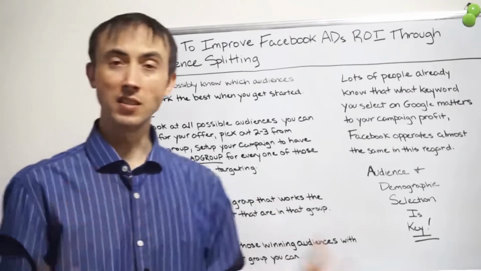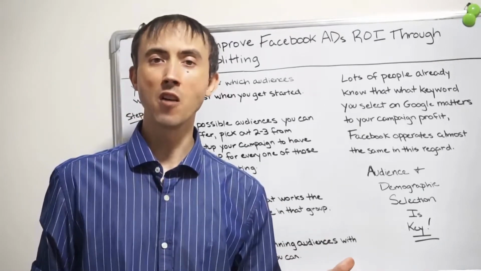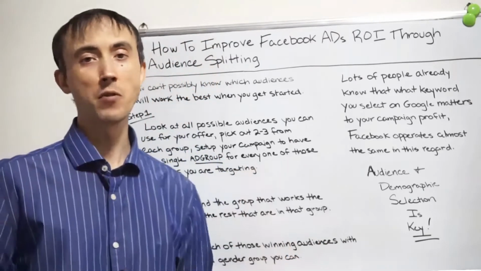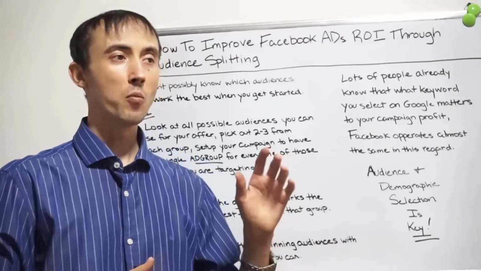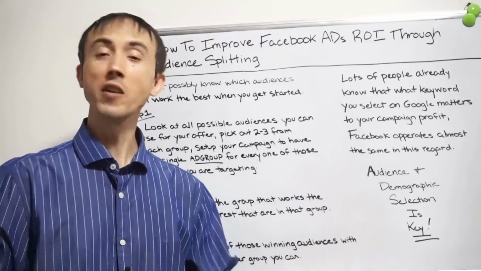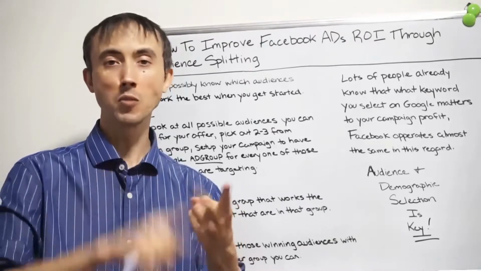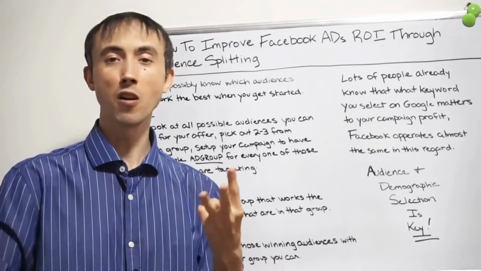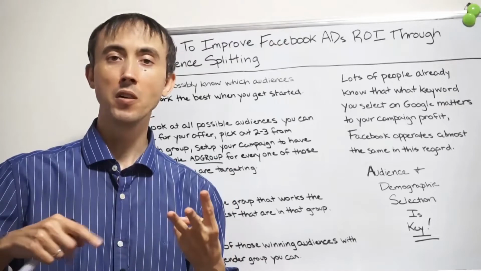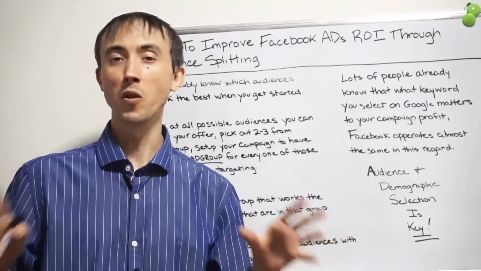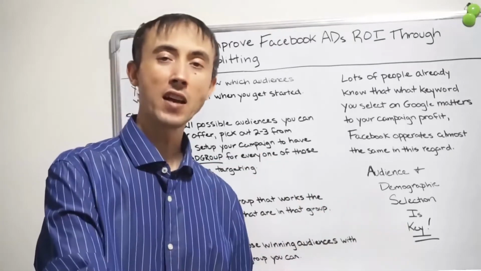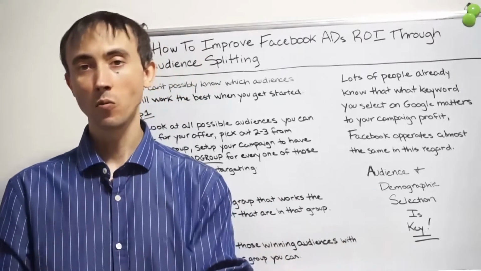You've got to use a statistical significance calculator online, and of course you've got to have your tracking set up. Before you run this test, you've got to know what your cost per lead needs to be, or your cost per sale needs to be, or your ROI needs to be to be profitable after all your expenses. Then you've got to have your tracking set up to track what you're doing.